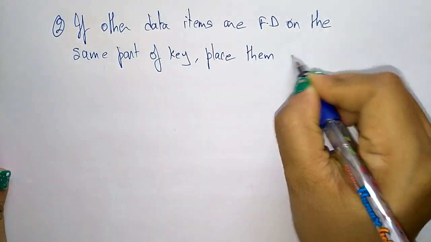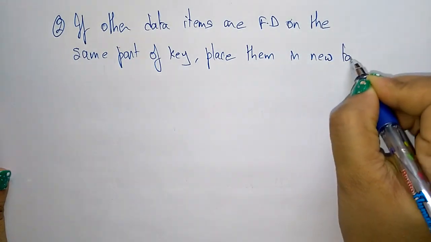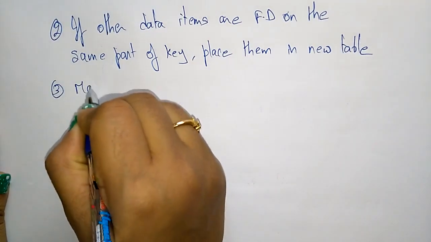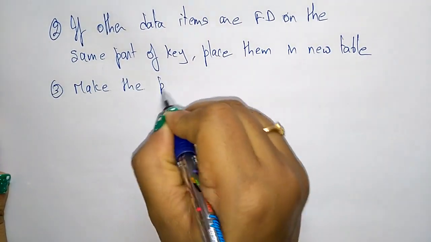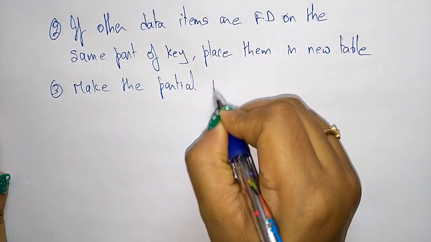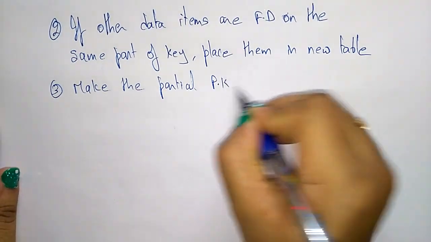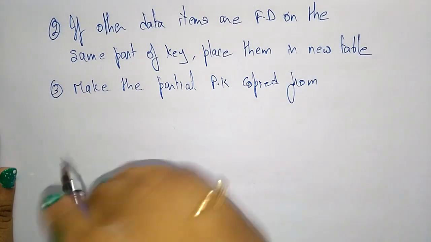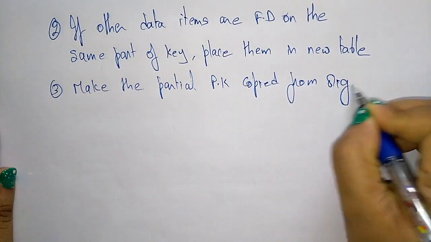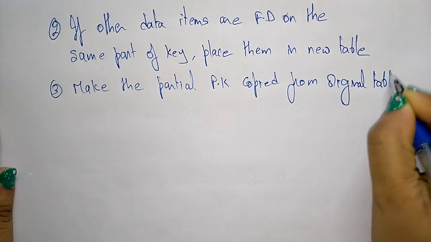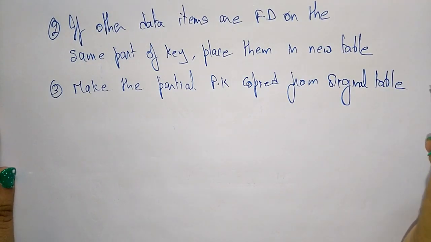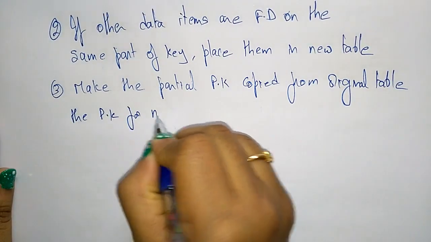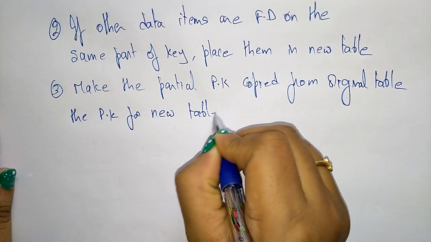Third step: make the partial primary key, copied from the original table, the primary key for the new table.